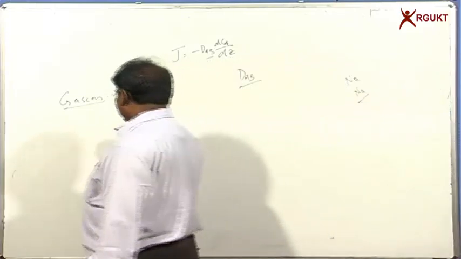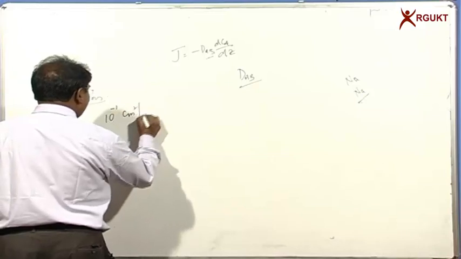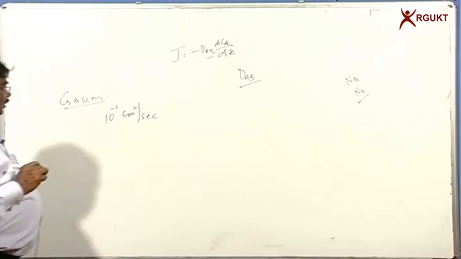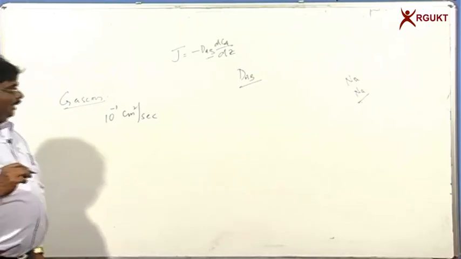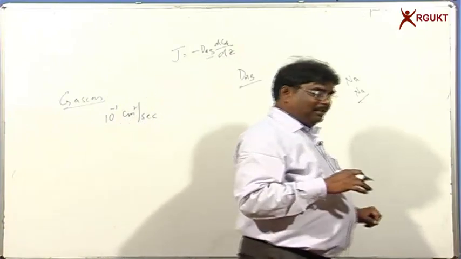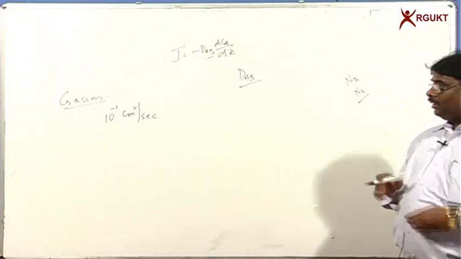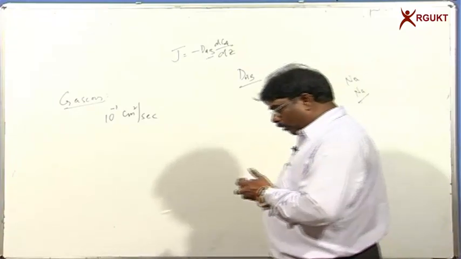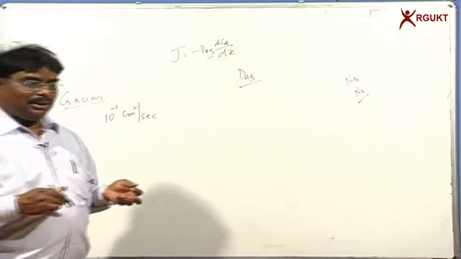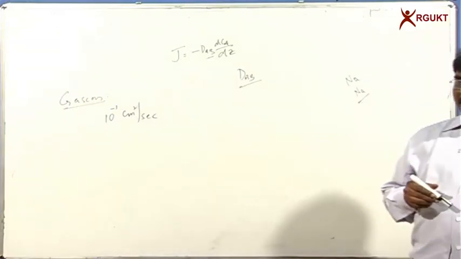For a gaseous system the diffusion coefficient is in the order of 10 power minus 1 centimeter square per second, that is 0.1 centimeter square per second. For many gases the diffusivity of component A in B is available. If the diffusivities of the gases are not available, then one may have to use either a theoretical expression, an empirical expression, or a semi-empirical expression to calculate the diffusivity values.